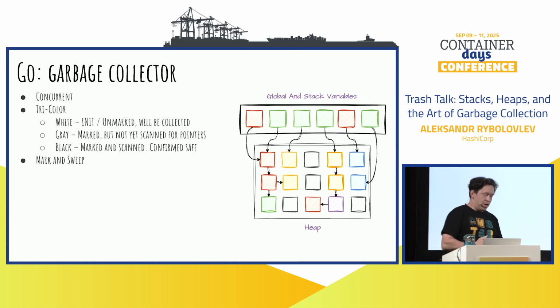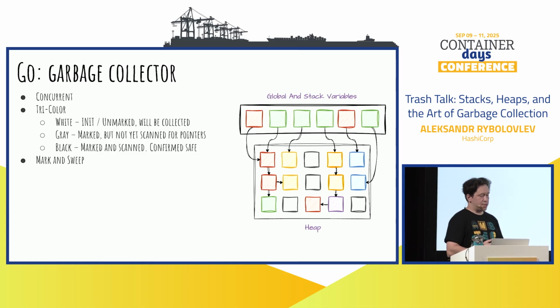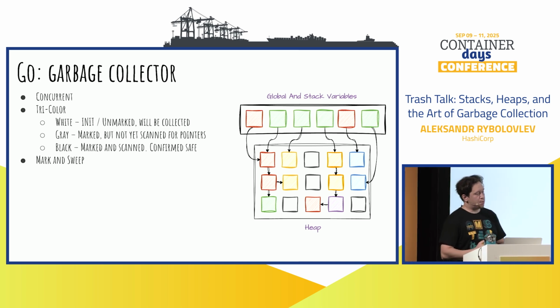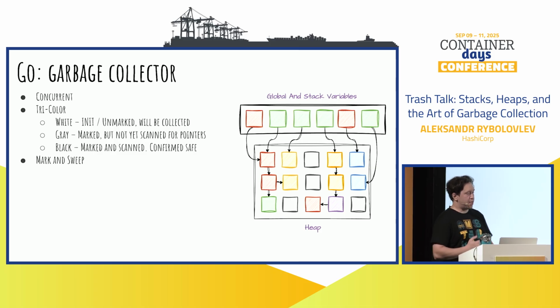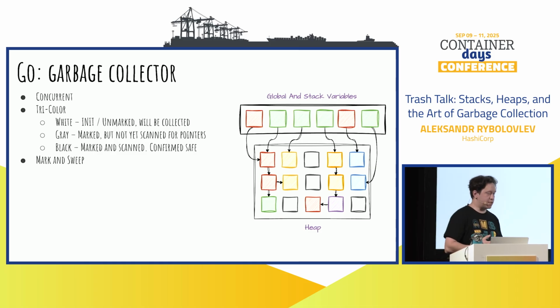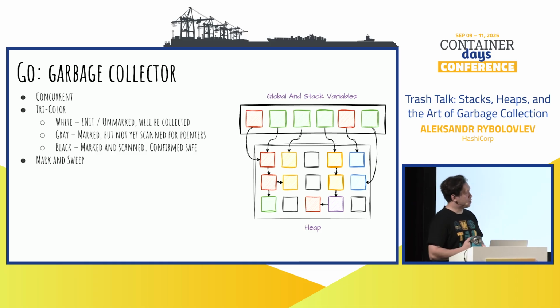White is the initial color, and the color that is going to be used for objects that will be collected. The gray one is marked but not yet scanned for pointers, and the black one is marked and scanned, so confirmed safe. So that's a live object. Next, the sweep part works mostly with white and black objects, and basically goes ahead and removes all white objects from the heap.